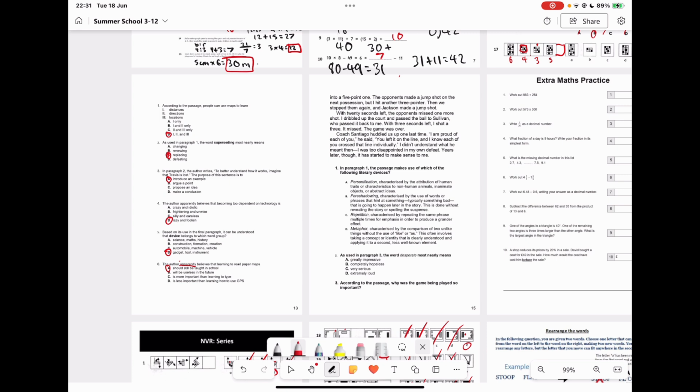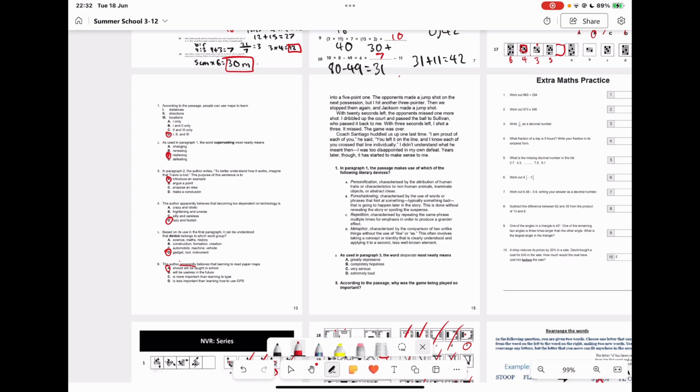The opponents made a jump shot on the next possession, but I hit another three-pointer. Then we stopped them again, and Jackson made a jump shot. With 20 seconds left, the opponents missed one more shot. I dribbled up the court and passed the ball to Sullivan, who passed it back to me. With 3 seconds left, I shot a three, it missed, and the game was over.